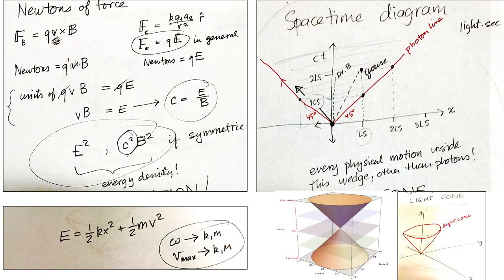So every physical motion other than photons is inside that. So this zone here between the 45-degree lines, that's what we call a light cone. To see what it would look like in 2 dimensions, I'll just draw a 2-dimensional version.